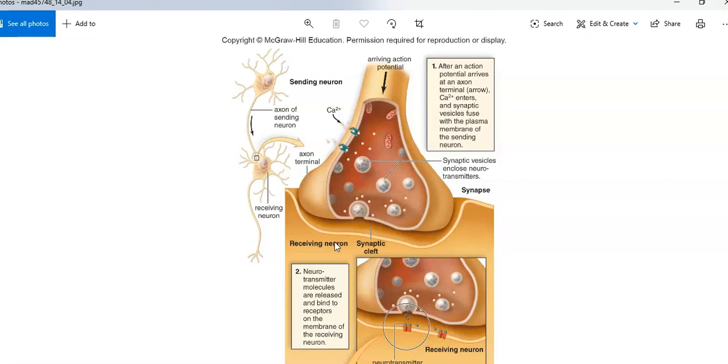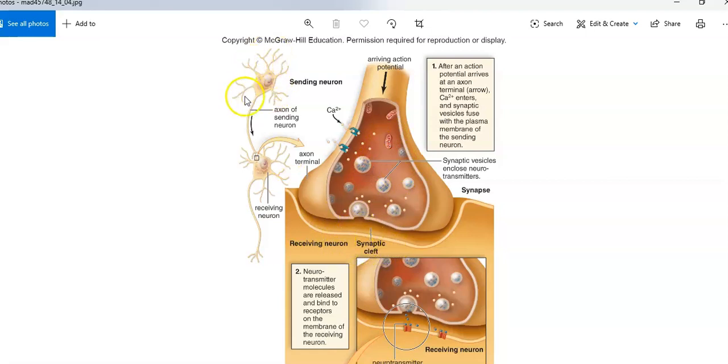Neurotransmitters may excite or inhibit a receptor. You have to have neurotransmitters both causing something to happen and stopping something from happening. I'll explain a little bit more when we get into it. Okay, here we go. Hang on. So, neurotransmitters can either cause something to happen or cause something to stop happening.